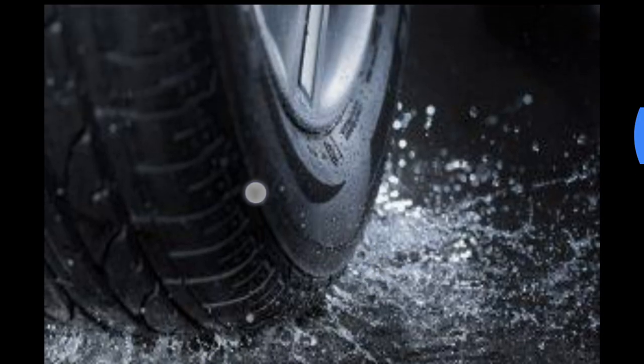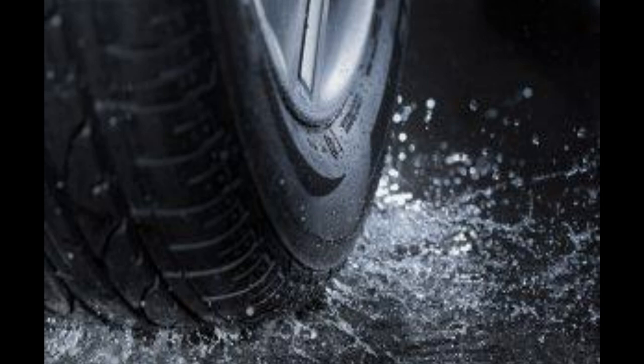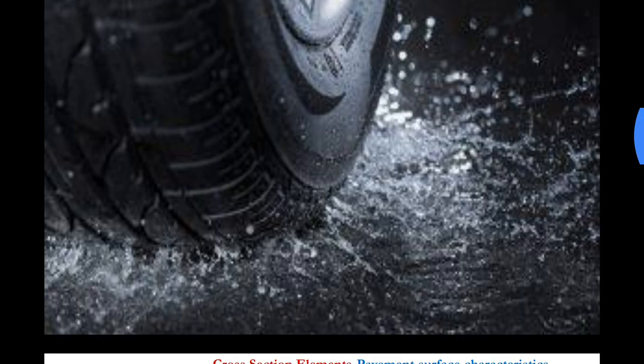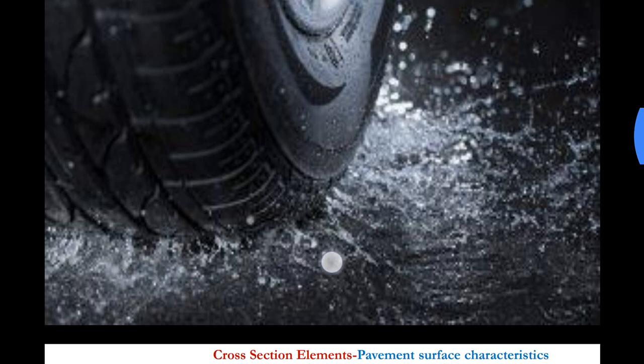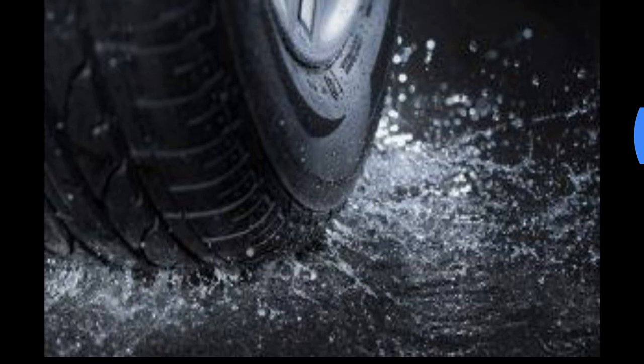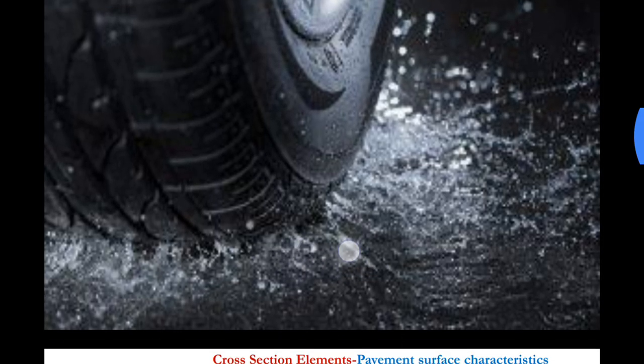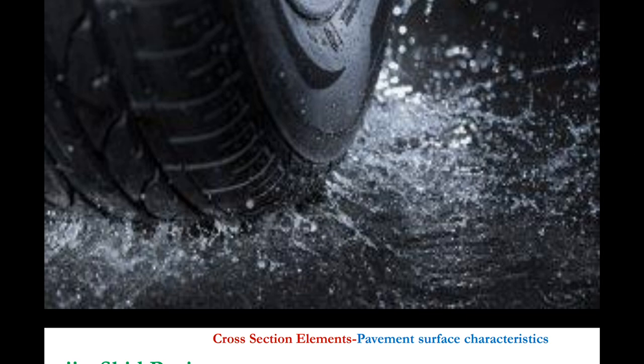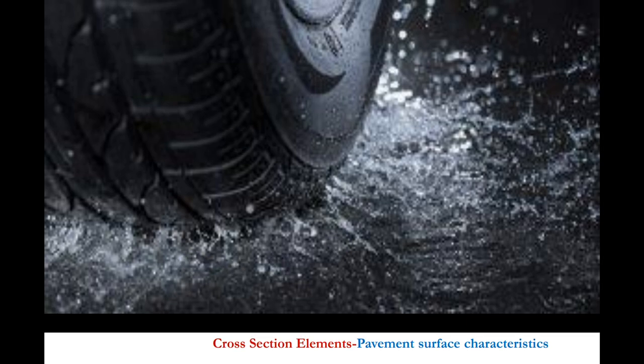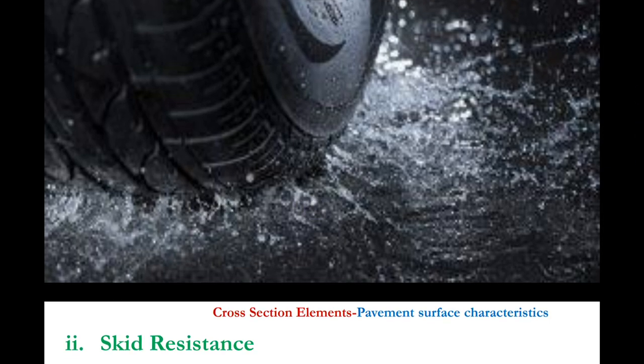But if the tire is worn out and there are no visible treads, then the water or oil would form a layer in between the tire surface and the pavement surface. Then there would be chances of slip and skid.